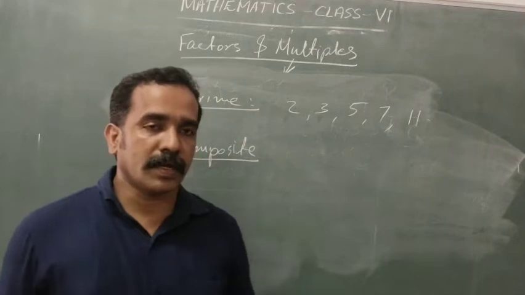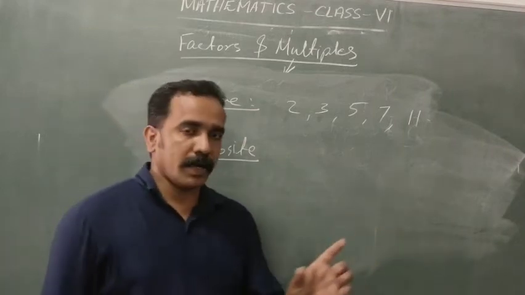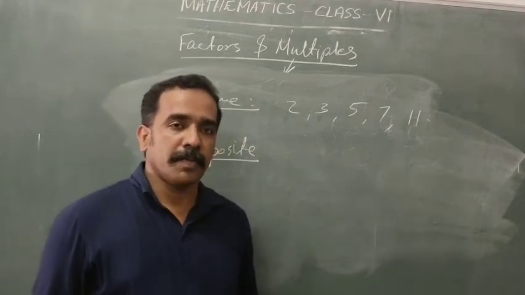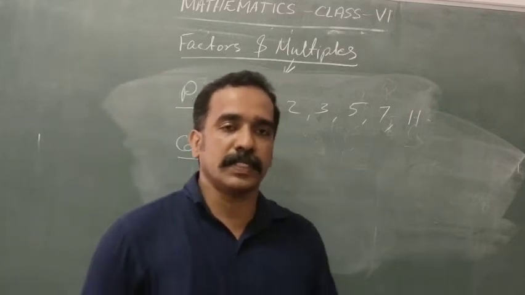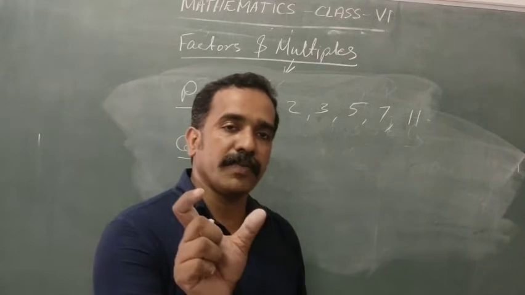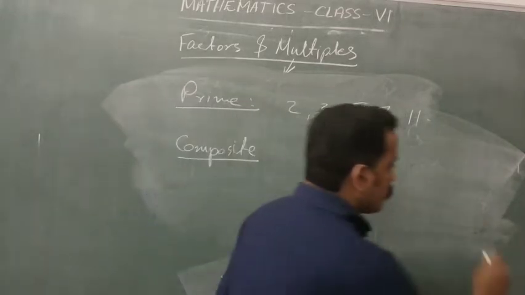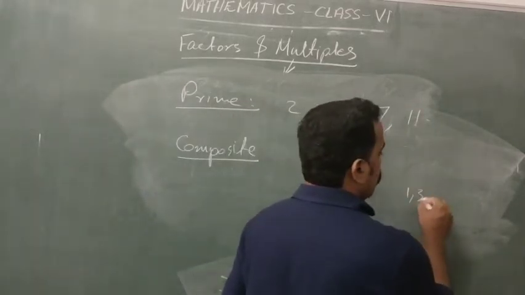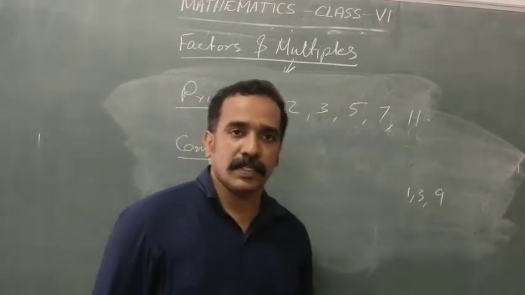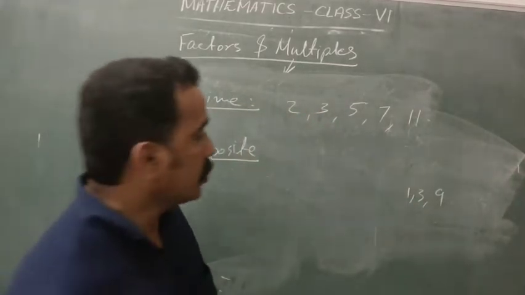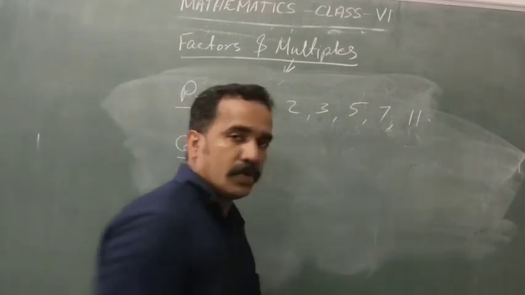Maybe you are getting a doubt why 9 is not a prime number. Because 9 has more than 2 factors, since you can divide 9 by 3 also. So the factors of 9 are 1, 3 and 9, 3 factors. That is why 9 is not a prime number.